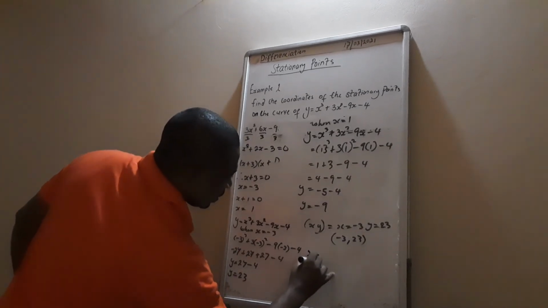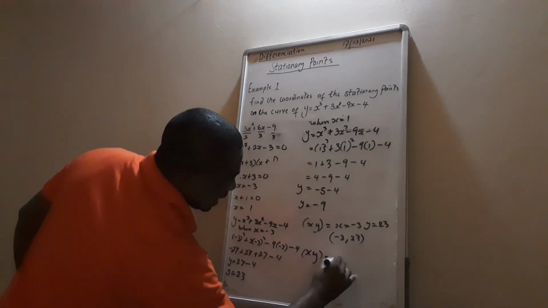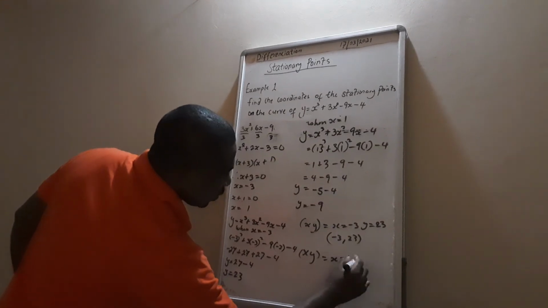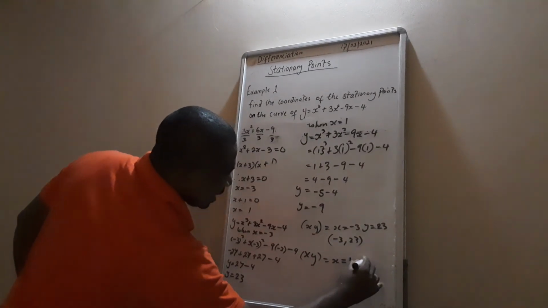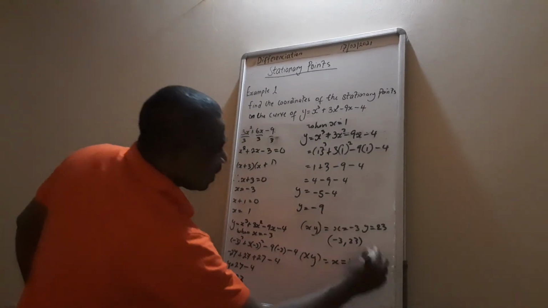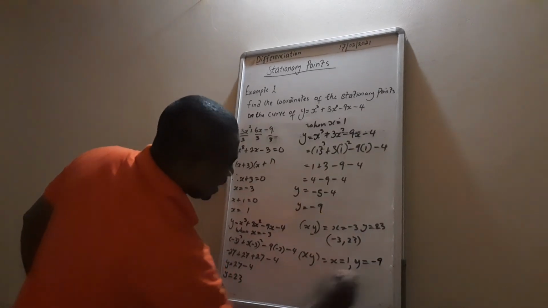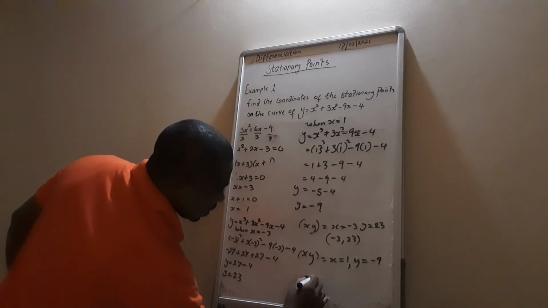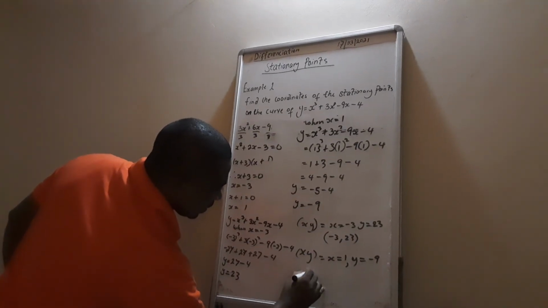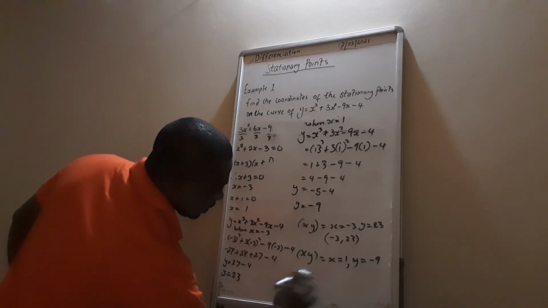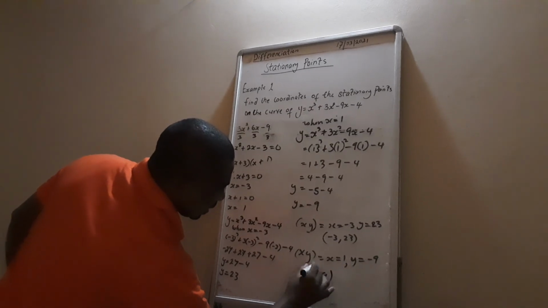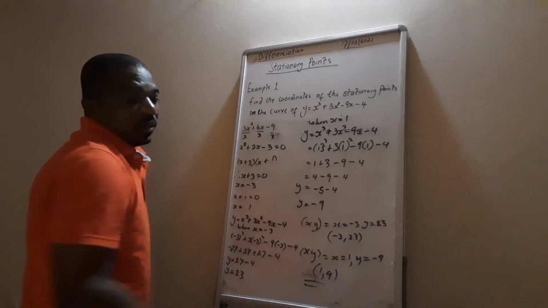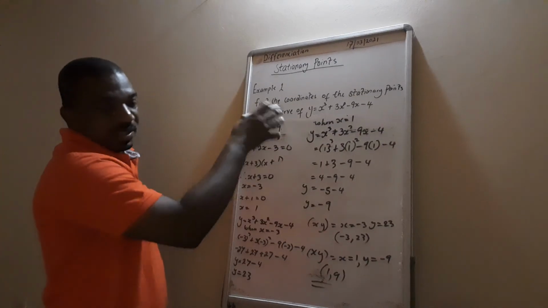Also, when x is equal to positive 1, y is equal to minus 9, so that is (1, minus 9). And with this we come to the end of this section.